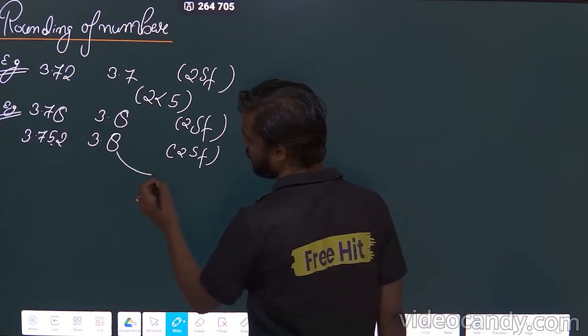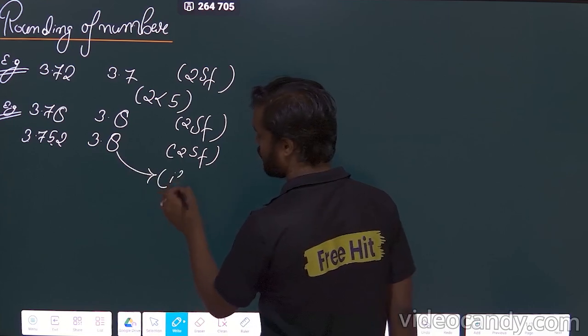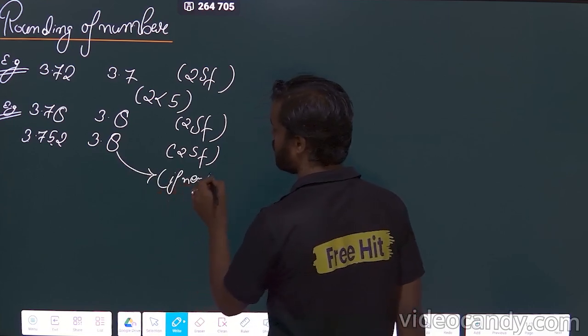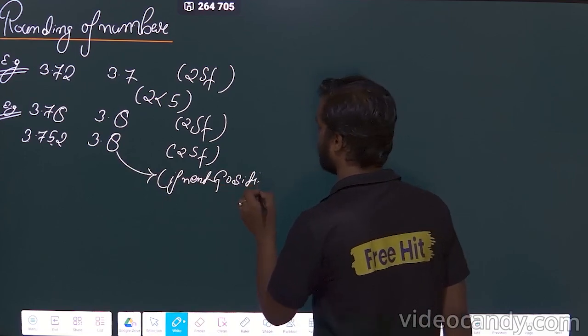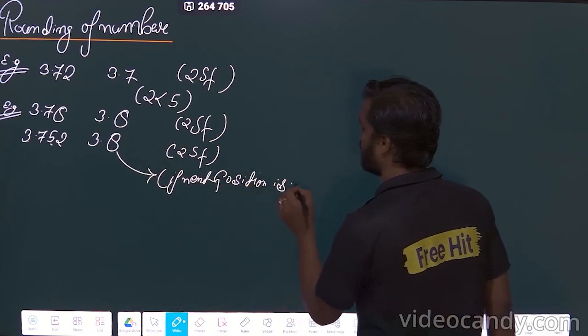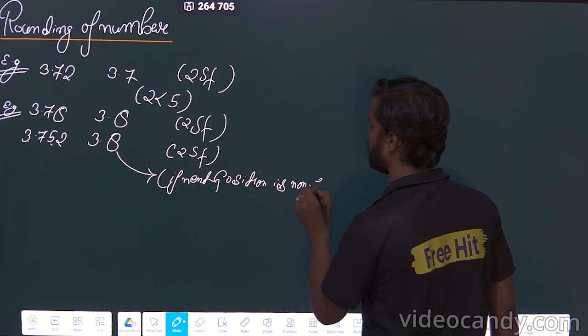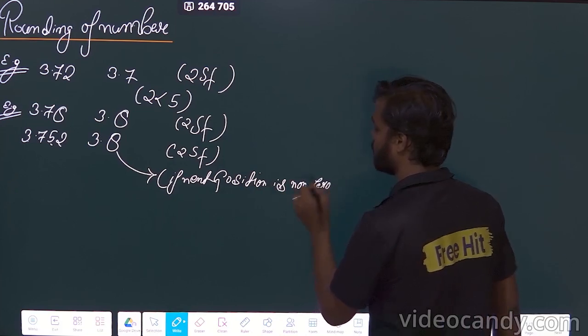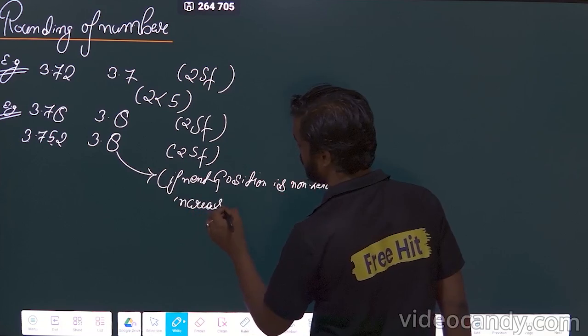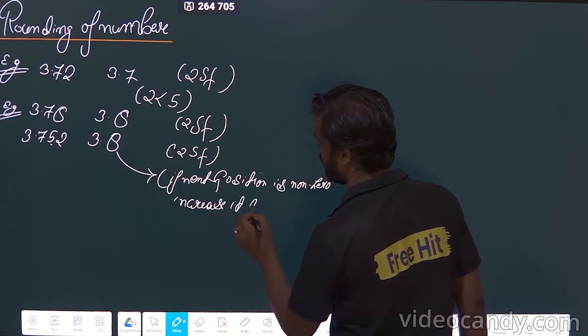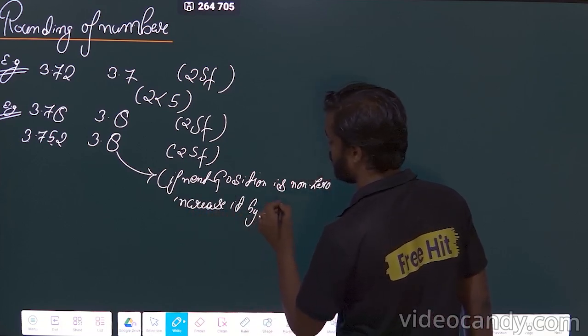So what you have to do here: if the next position is non-zero, increase it by 1.